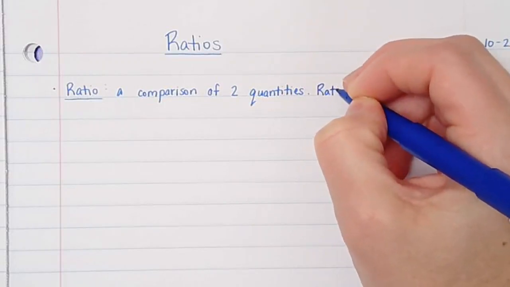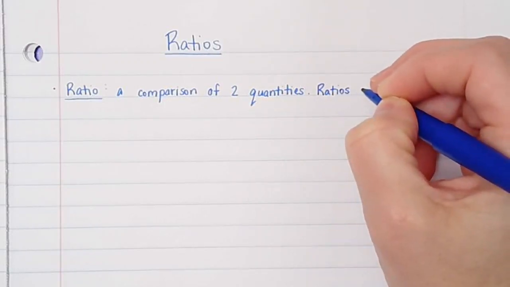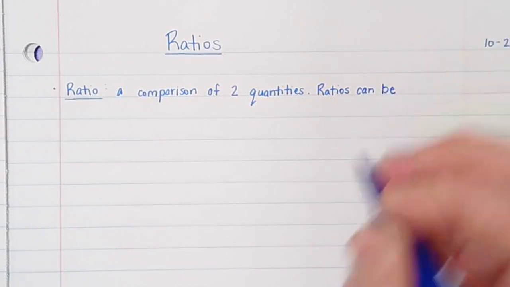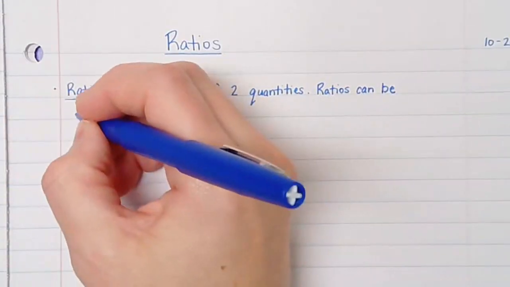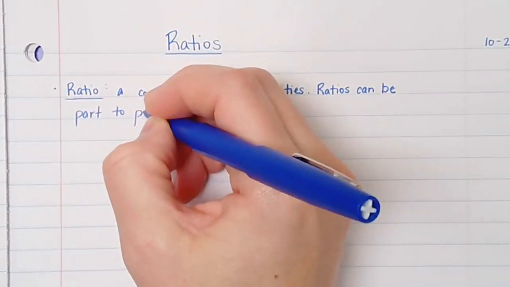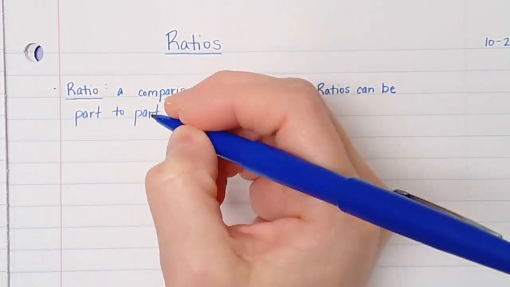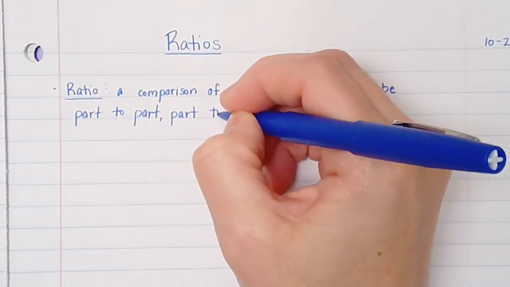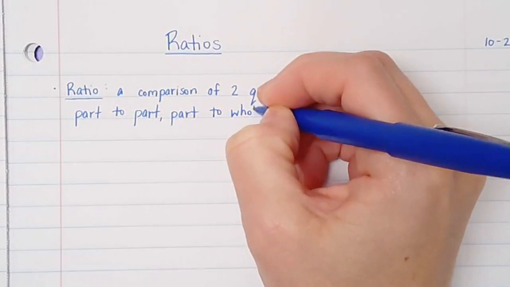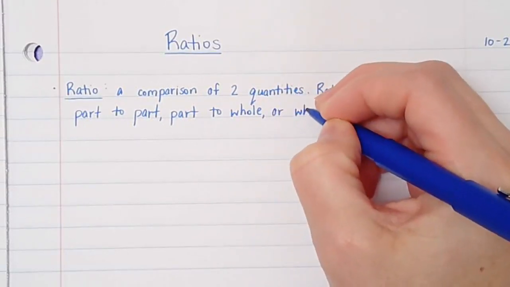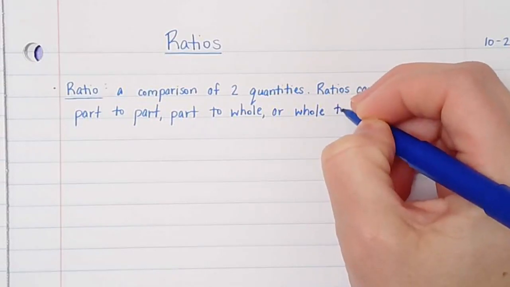Ratios can be part to part, part to whole, or whole to part.